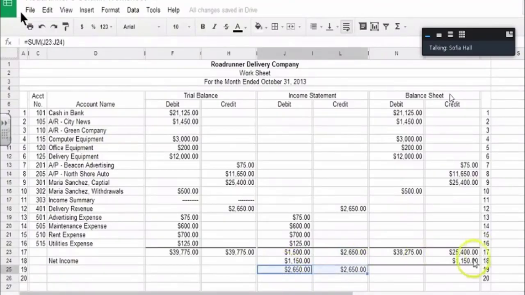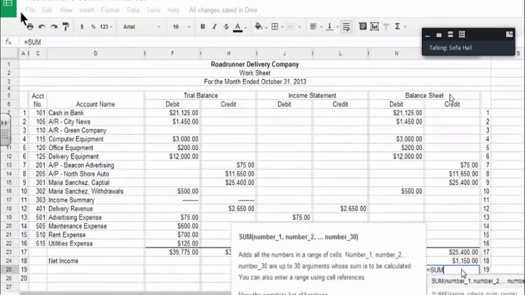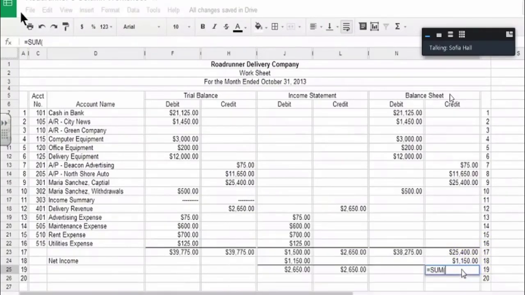Now let's try it over here on the balance sheet. If we take the sum of these two columns here, we've got 26,550, which does not equal what we have here. So we've got to go back and we've got to figure out, what's our problem here, okay? And it looks like, if you look at this amount here, all I did was I took the sum of cell P15, which is this cell here, okay?